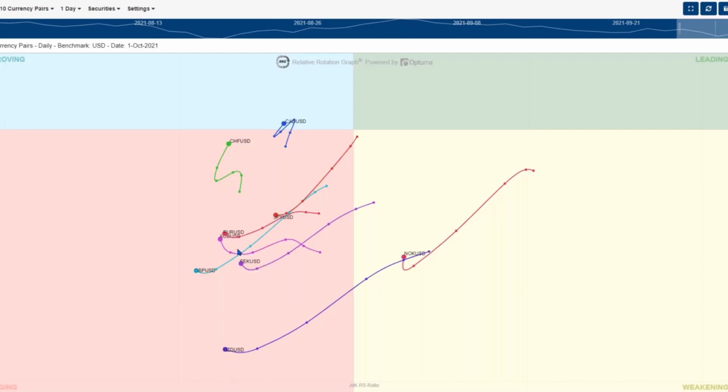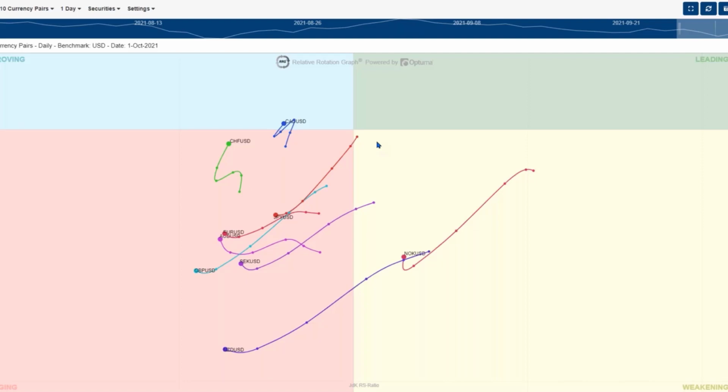The New Zealand dollar here, the Australian dollar, the euro, all of those, and also unusually the Japanese yen as well. The Japanese yen is usually highly correlated with the US dollar, and so basically there's not much to choose between the US dollar and the Japanese yen.